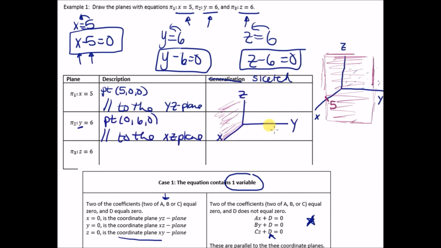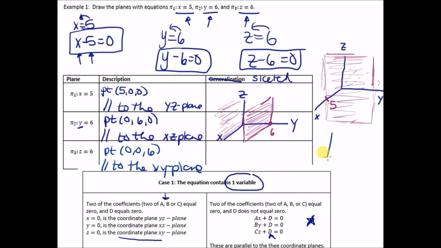So if our point goes through 6, then our plane would look like that xz plane, and we only have to draw a parallelogram, remember? That is our plane right there. And then for z equals 6, we know that this goes through the point (0, 0, 6), and it's parallel to the xy plane.